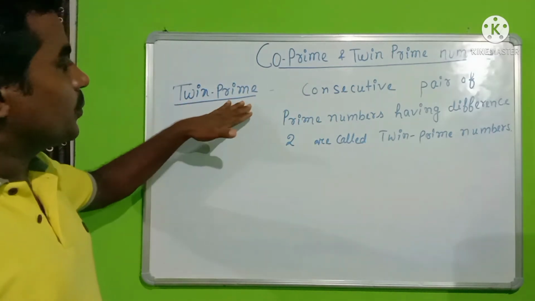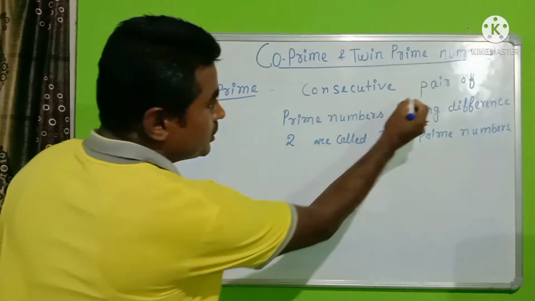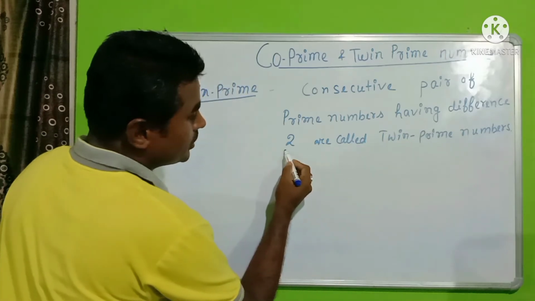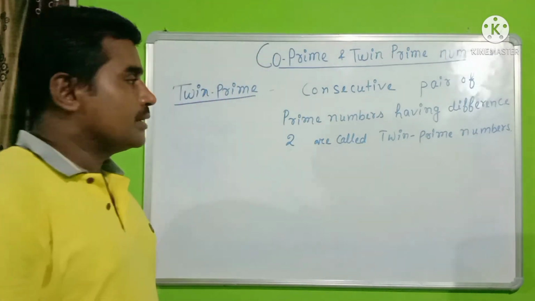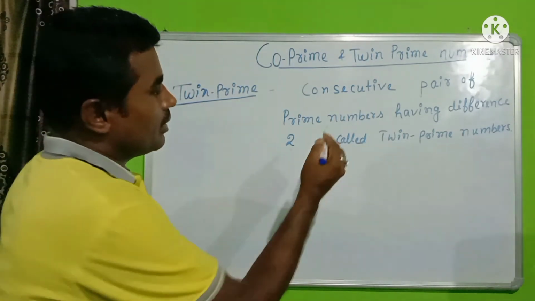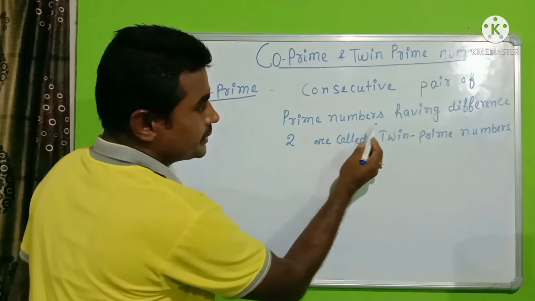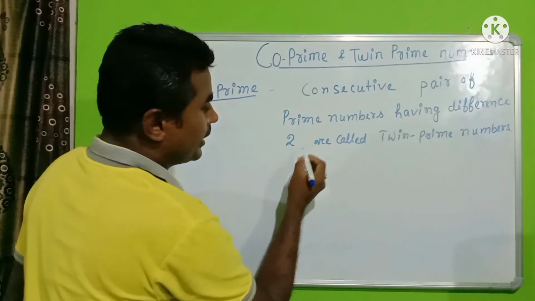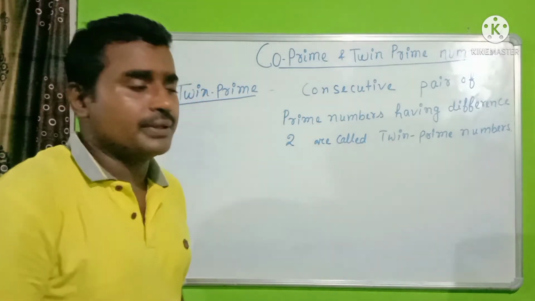The definition of twin prime number can be given as: consecutive pair of prime numbers having difference 2 are called twin prime numbers.